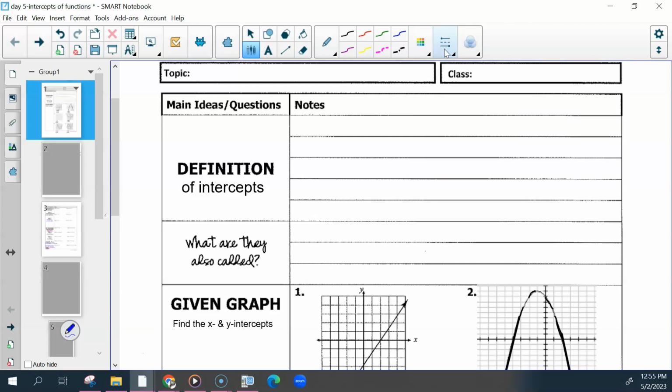Today is intercepts. Anyone remember the definition of an intercept, x or y? Well, no, that's just rewording it. They intercept at different points. Okay, that's just rewording it, but more specifically, what makes it an intercept? What does it intersect? Another line. Closer. A point.